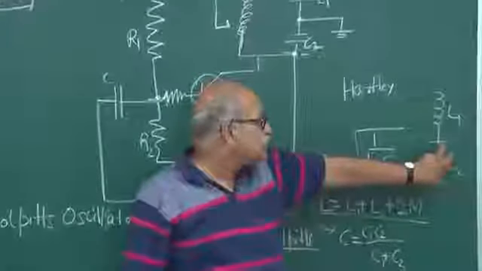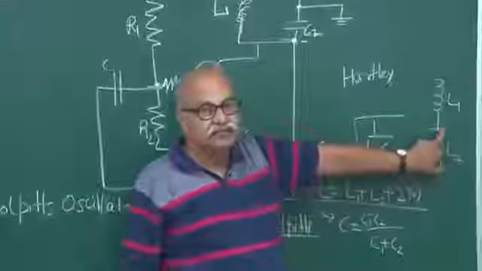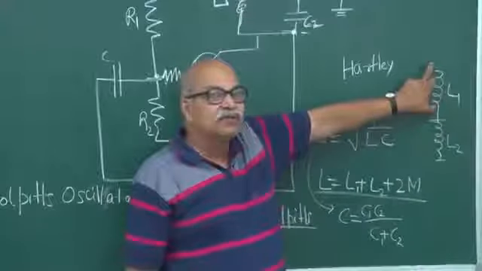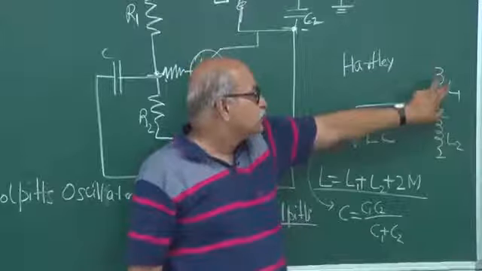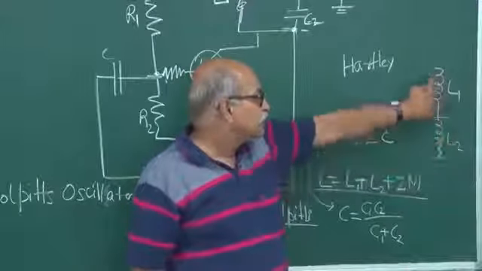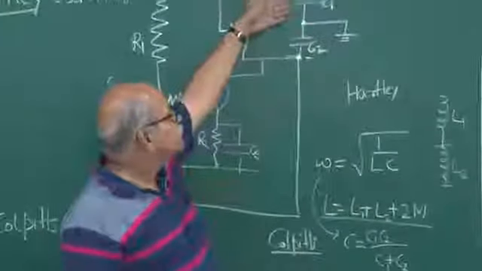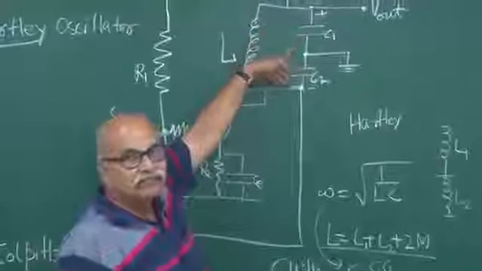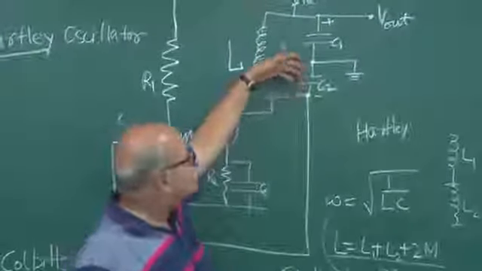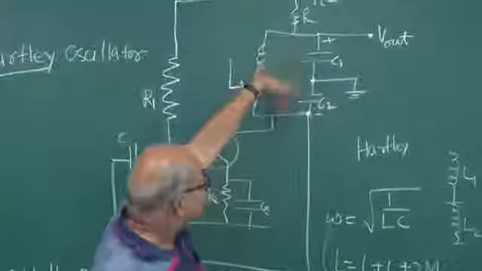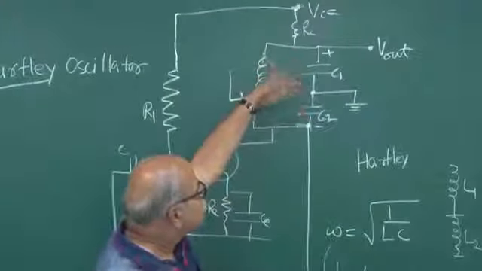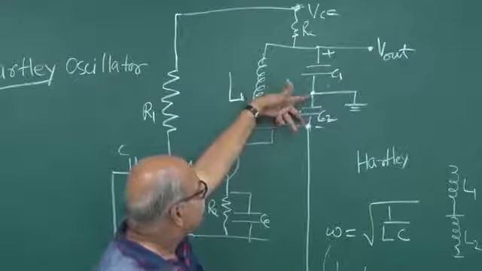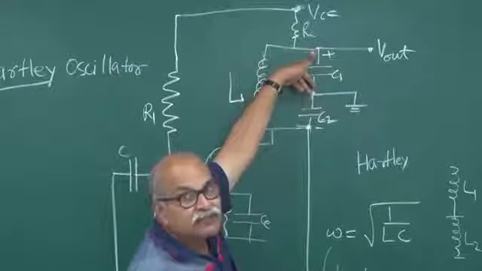The part which goes into feedback and the part which goes into the output, that fraction will be just the ratio of L1 and L2, and similarly here the ratio of C1 and C2. Once again they are series connected, so depending on what the reactances are, that fraction of voltage will be here and that fraction will be there.